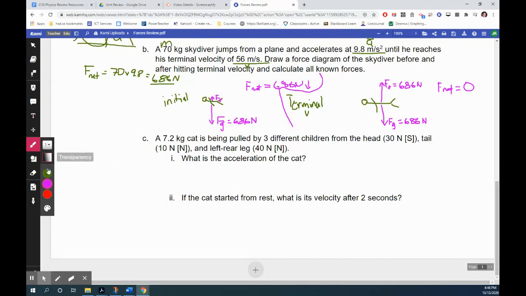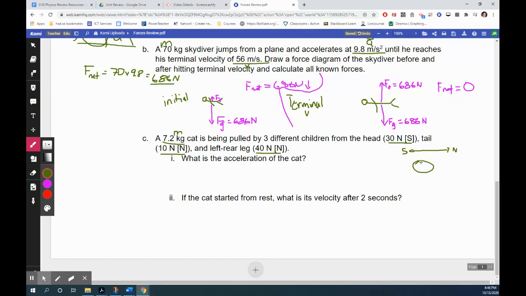Last question: a 7.2 kilogram cat, there we have a mass, is being pulled by three different children: from the head, 30 newtons south, by the tail, 10 newtons north, and by the left rear leg, 40 newtons north. Yikes. So this cat here, let's just draw it as a circle. Let's say this is north and this is south.